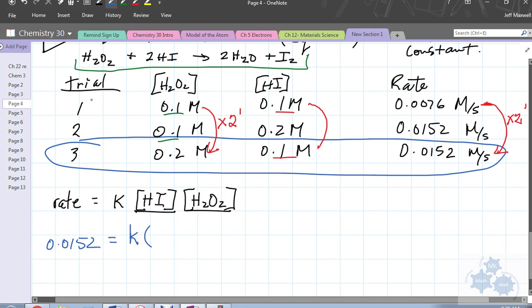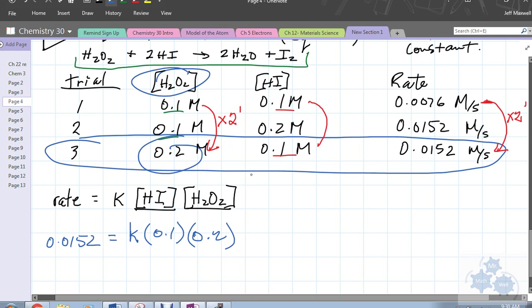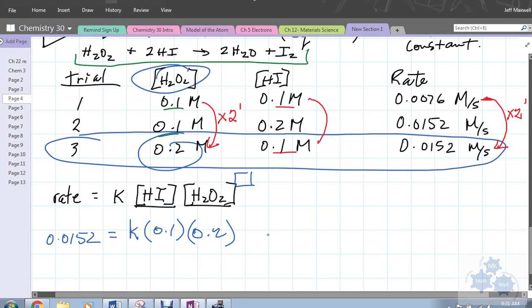What's the concentration of HI in this trial? 0.1, and the rate expression says we take that to the power of 1, so that's good. H2O2, here's the concentration of H2O2 in trial 3. That's 0.2. And that's also from our rate expression, it's to the power of 1. So this is what we've got. Capiche?